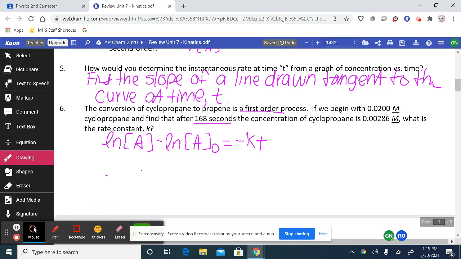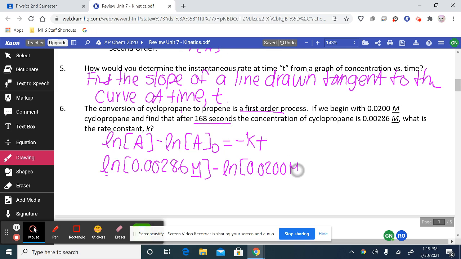Let's try that again. All right, so we have the natural log. Okay, our final concentration is 0.00286 molar. From that, we'll subtract the natural log of our initial concentration, which they say is 0.0200 molar. We're solving for K, and our elapsed time is 168 seconds.